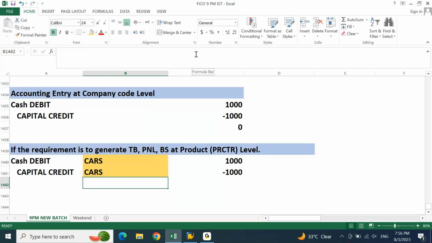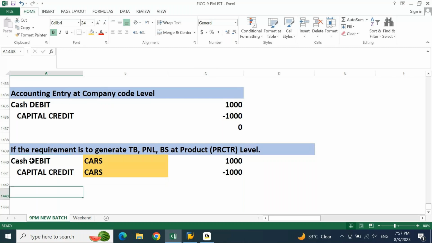Now here I'm not only looking at the debit credit at company level, I'm also looking at the debit credit at profit center level. I need to make sure my debit and credit is matching at company code level, and my debit and my credit is matching at profit center level also.